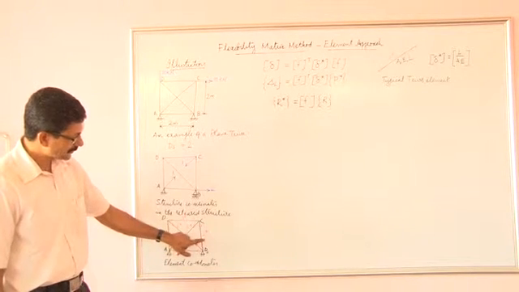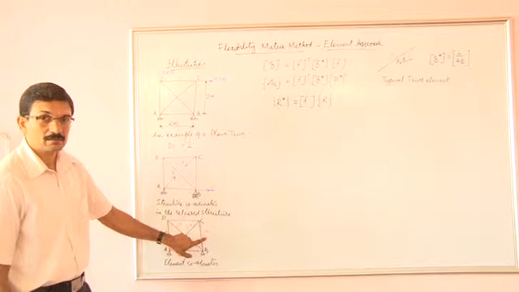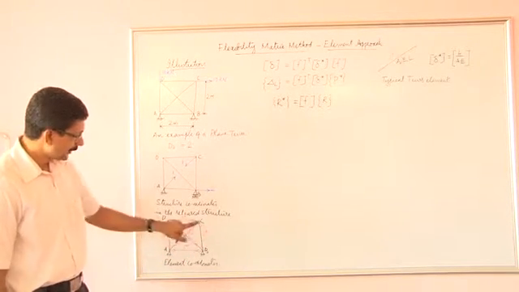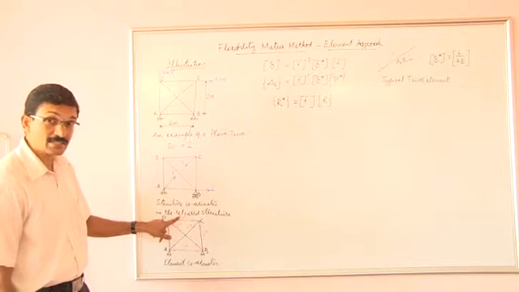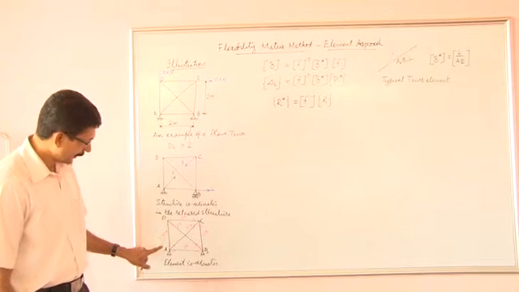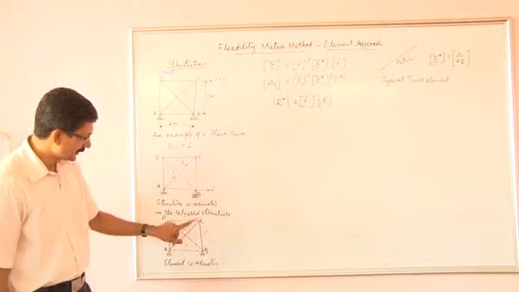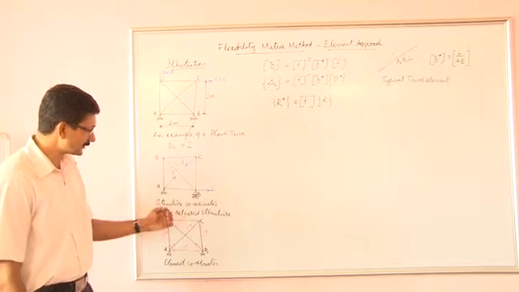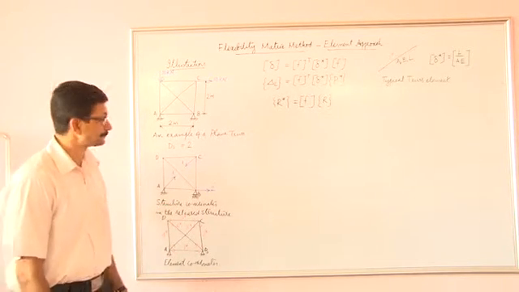Element BC is 2 star, element CD is 3 star, element DA will be 4 star, element AC is 5 star, and element BD is 6 star. They are the coordinates assigned to the respective elements.